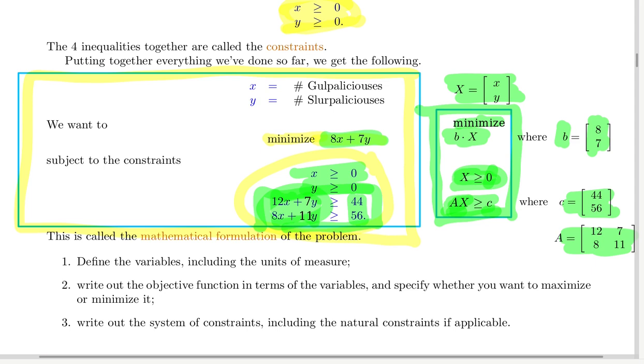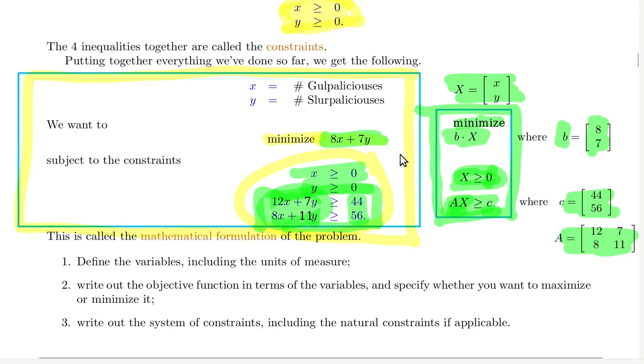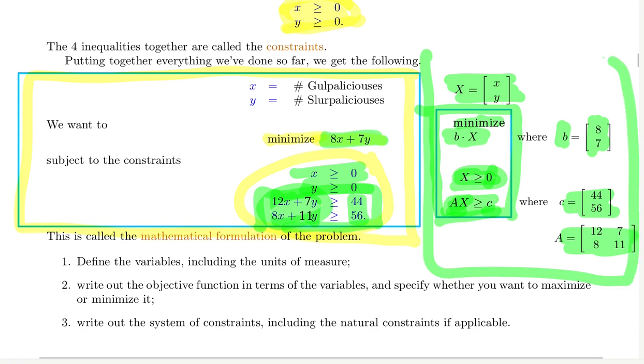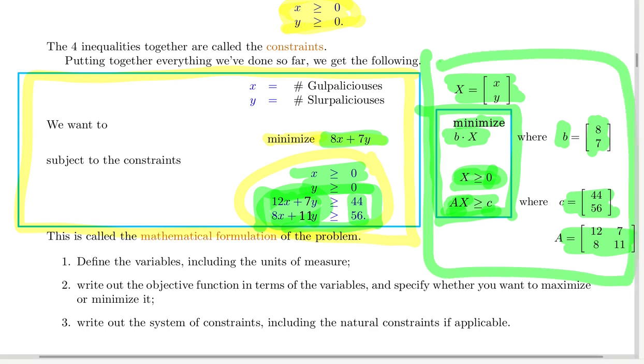It's much simpler to work with if you think of it in matrix terms. Okay, so that is how you formulate a problem. Now I'm mostly going to be working with this matrix formulation over here, right? So that's what we're going to be working with.